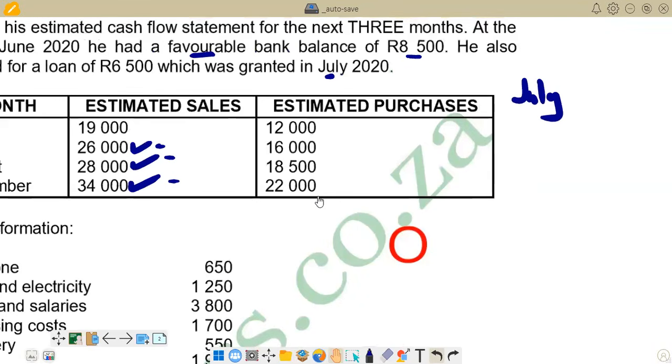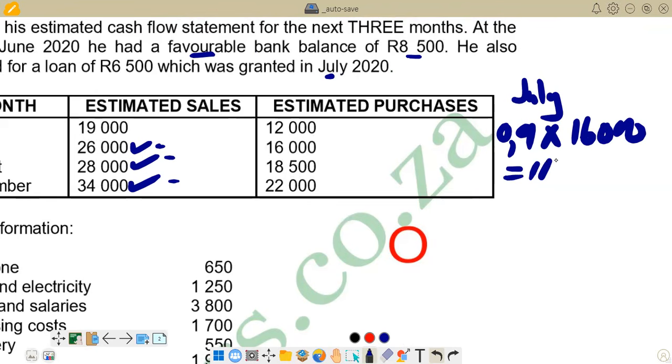So for July, for cash purchases, we just go to the estimated for July. July is 16,000. So we are going to say 0.9, which is 90%. Then we multiply by 16,000 to get the figure for cash purchases. And obviously there you're going to get 14,400. So that's one. This one is for July.